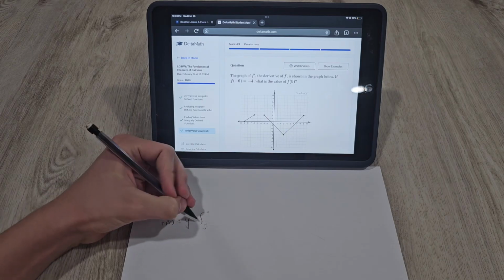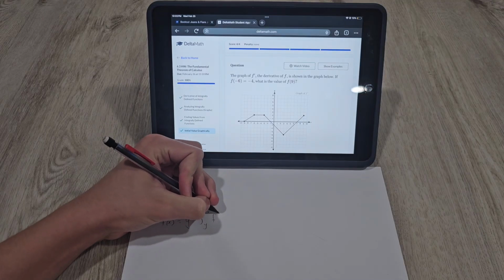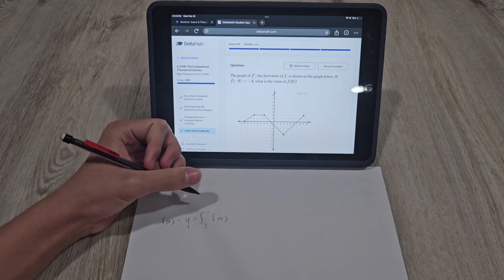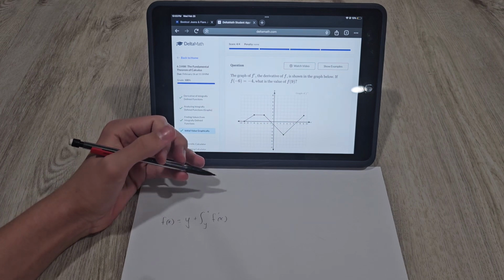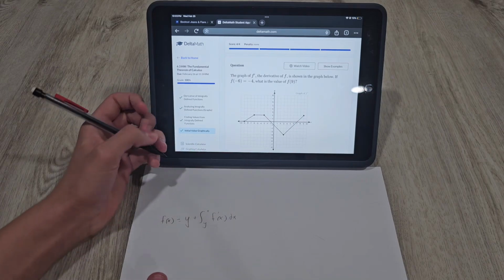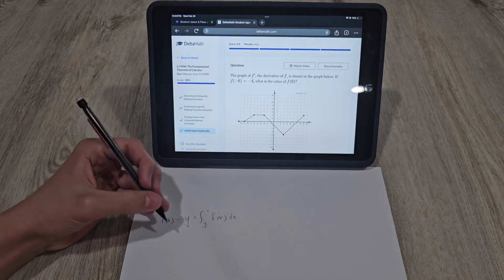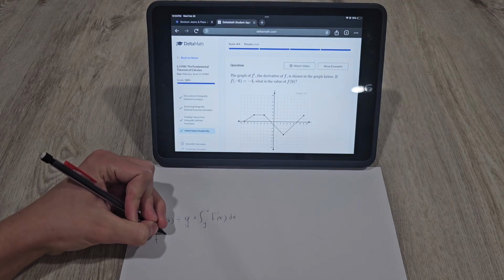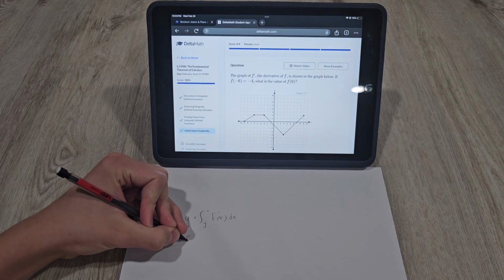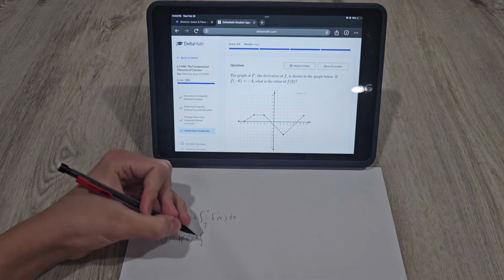So it's going to look something like this, right? F of x is equal to y plus the integral from x to y of f prime of x dx, just like that. Now, for this one, we're going to do f of 9, and we're going to put in f of negative 6, and now we're just going to start filling in that stuff with the integral.